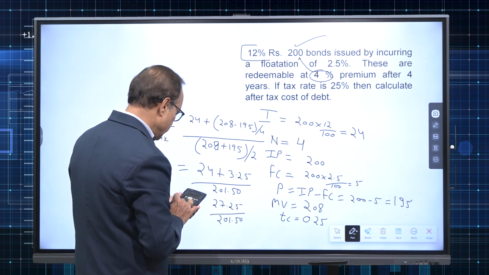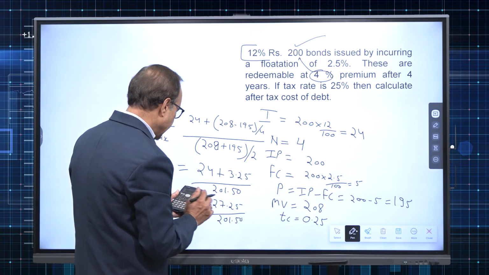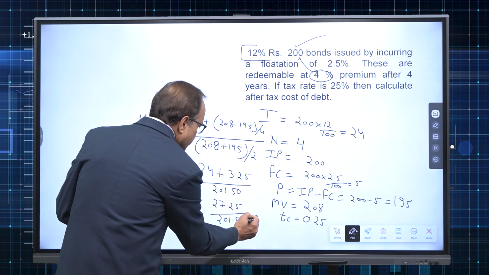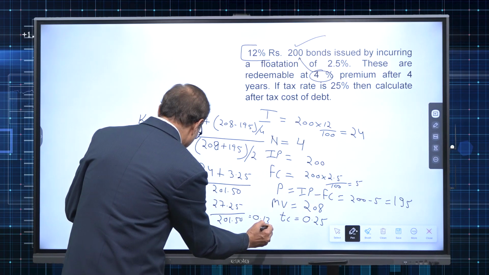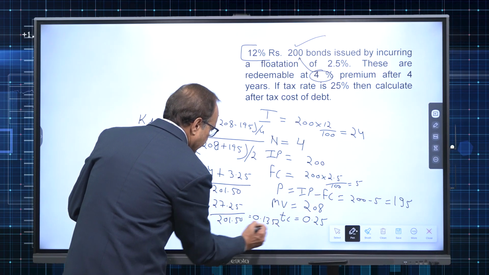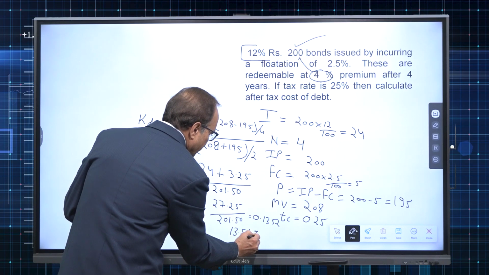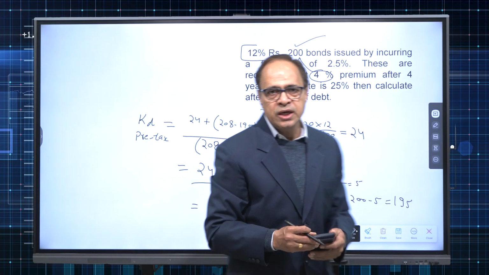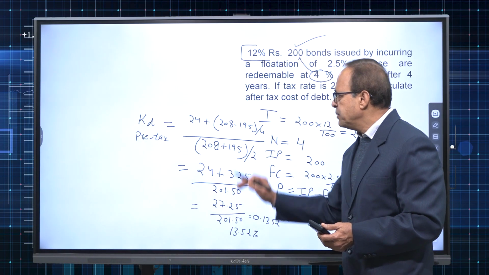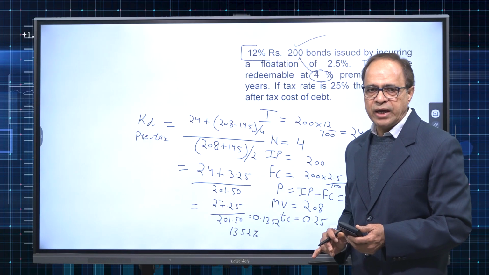So 27.25 divided by 201.50, that makes it 0.1352. That is 13.52% is the cost of debt. So in our case, cost of debt pre-tax is 13.52.